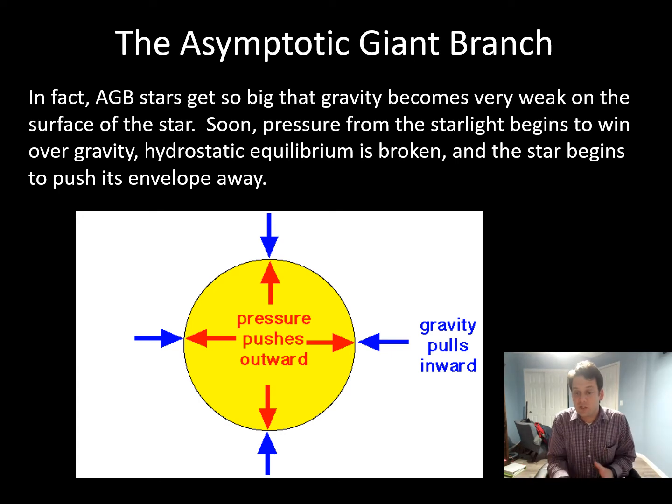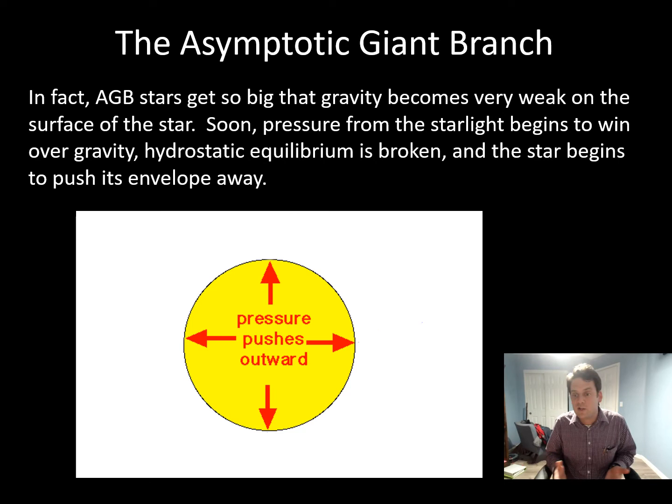Well, we've seen what happens when the internal pressure vanishes, then the star collapses. Well, in this case, you have a situation where, at least to some hand waving approximation, the gravitational force essentially vanishes on the surface. And so now you still have some internal pressure, but gravity is extremely weak.